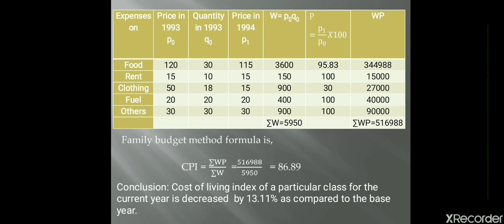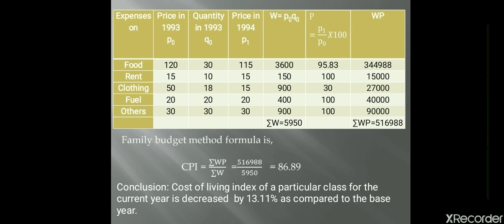Substitute and we end up writing in the numerator 516988 divided by 5950 results in 86.89. Nothing but consumer price index for the given data is 86.89.